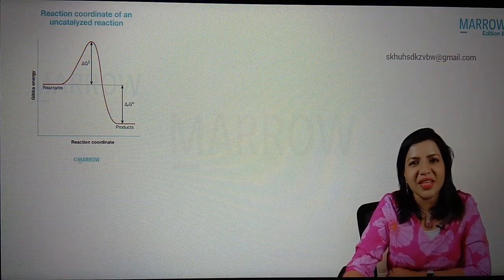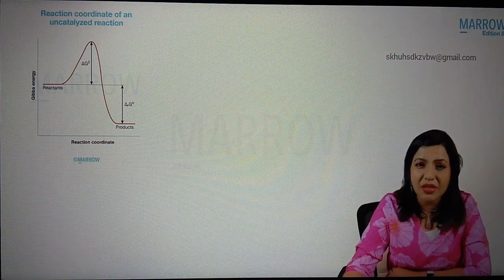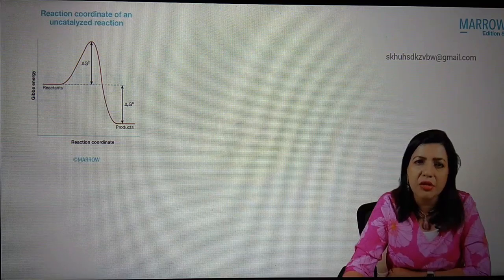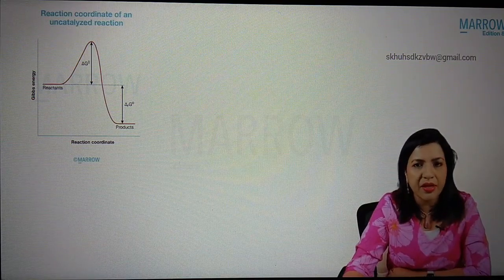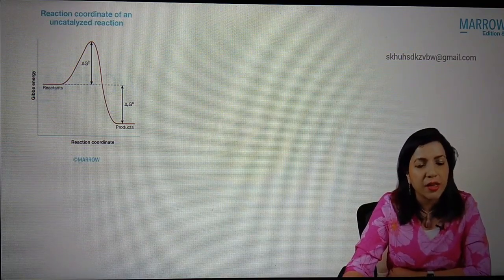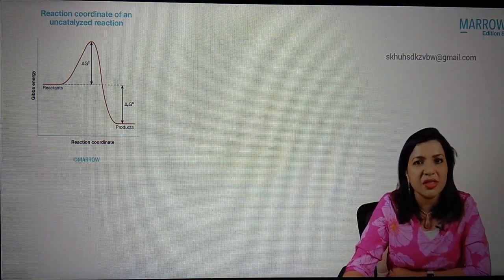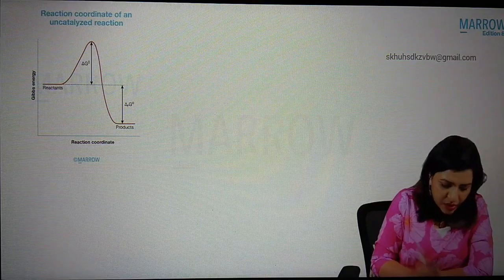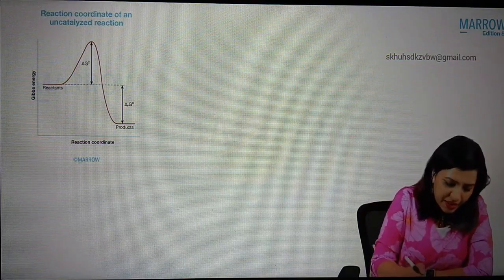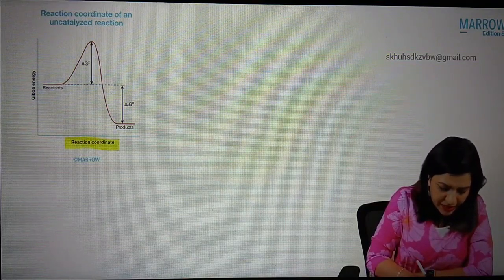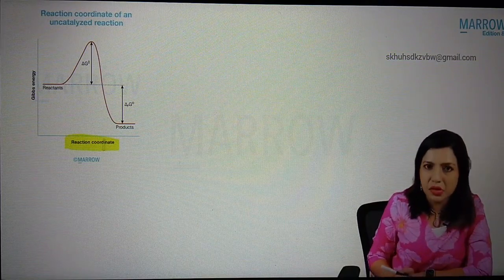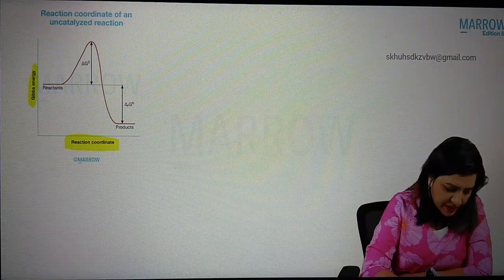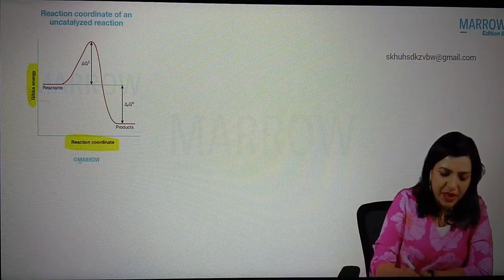Now we are going to see what happens in an uncatalyzed reaction, which means if there are no enzymes helping in that reaction, then how the reaction is progressing. For that, what we have drawn here is, on the x-axis, the progress of the reaction, which is called the reaction coordinate, and on the y-axis, the free energy, Gibbs energy.